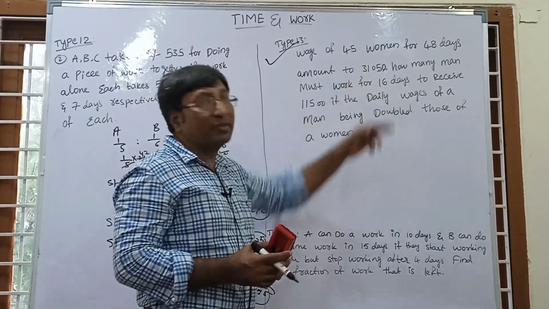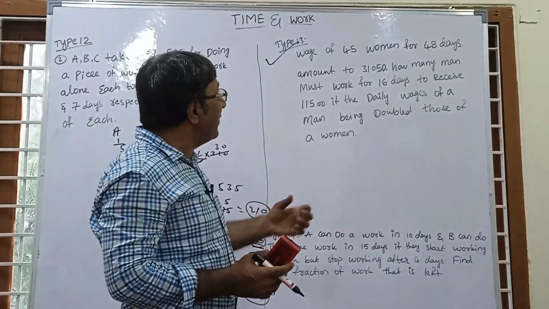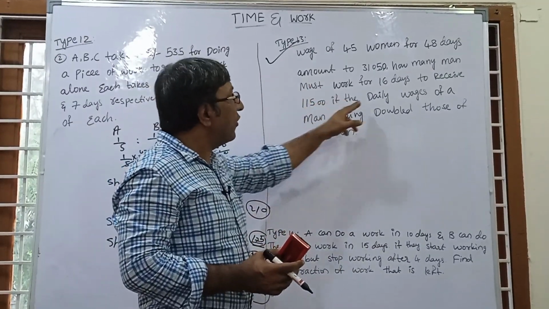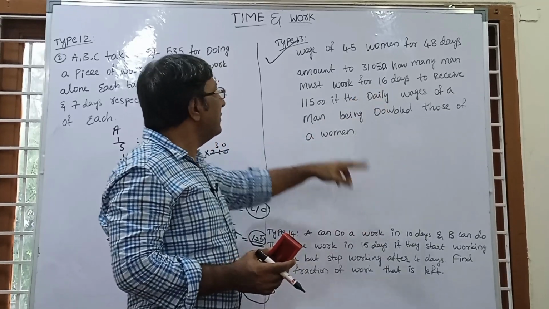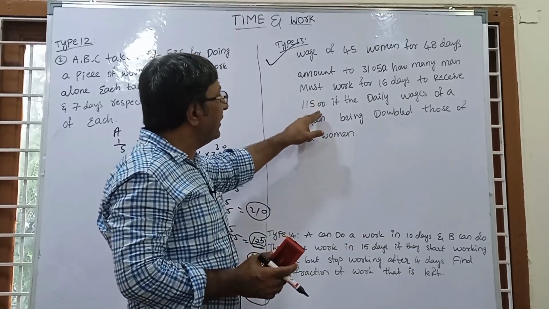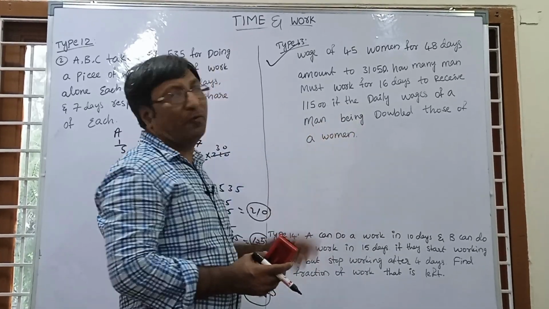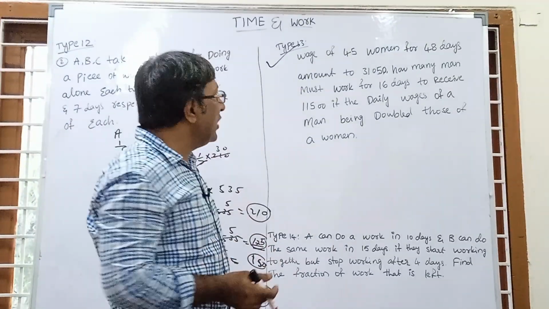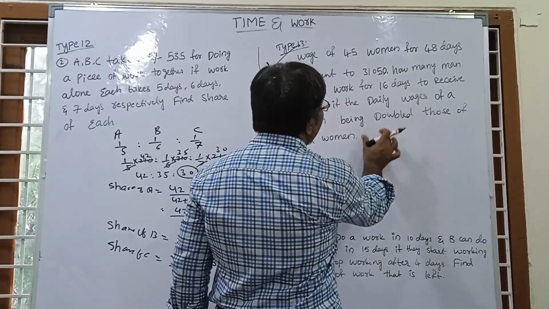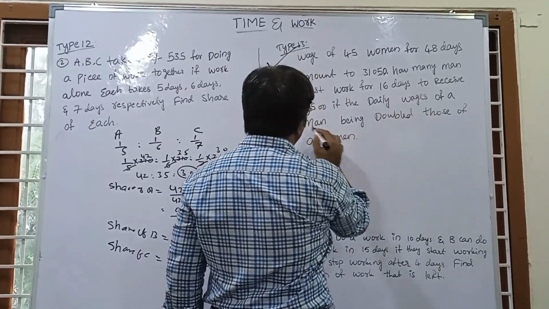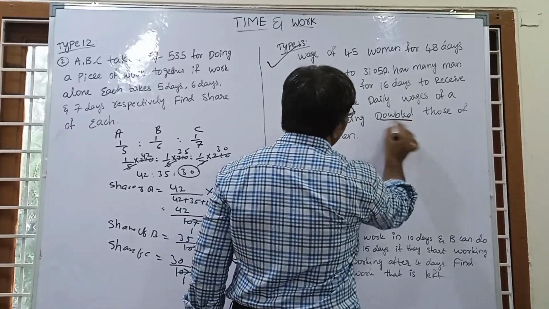Then how many men must work for 16 days to receive 11,500 if the daily wages of a man are double those of a woman. So the most important key here is that the relation is given: the daily wages of a man being double those of a woman.